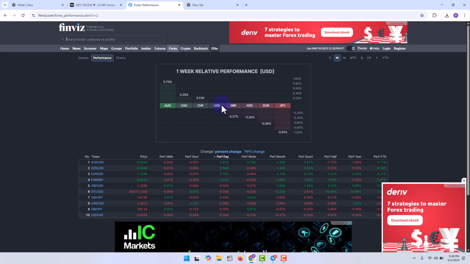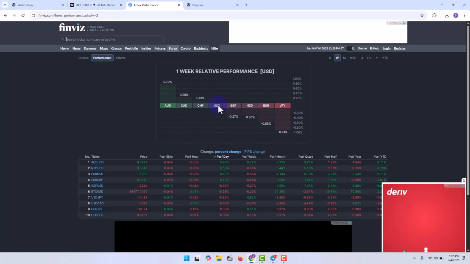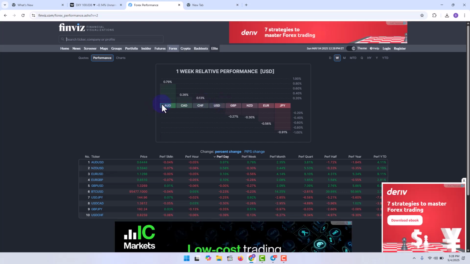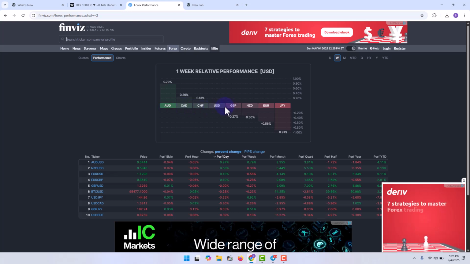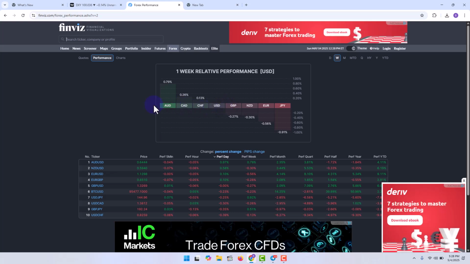The dollar was also showing weakness. The dollar wasn't showing strength. Imagine if the dollar was leading and very strong. I will be glad to trade a currency pair like USD JPY if the dollar was showing strength, but the dollar obviously was weaker than these currencies, weaker than the AUD, Canadian dollar, and CHF, Swiss franc, right?